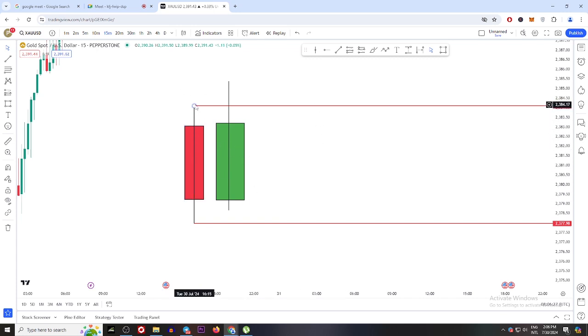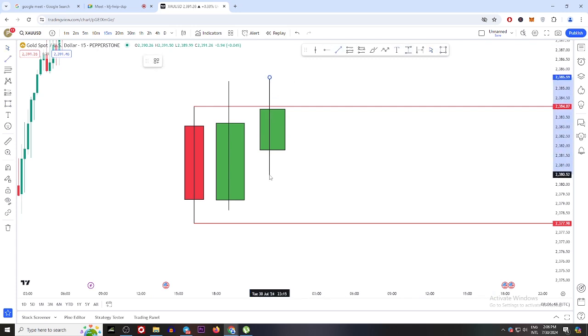Until the red candle's high, which is this particular area, is broken by the body of a green candle, this green candle did not break the high with its body. Now we will look if there is any other green candle. Can we call it an engulfing now?